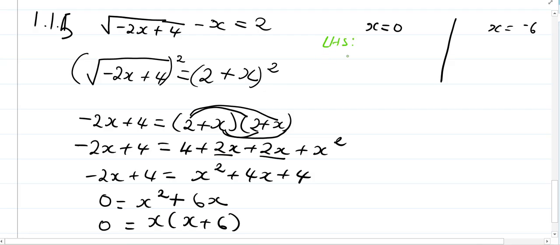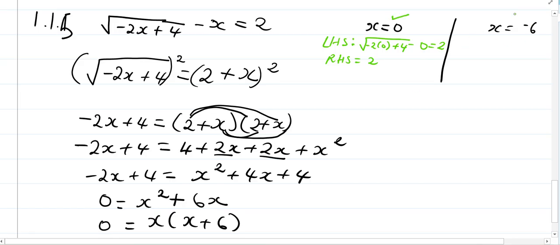When x is equal to 0, I take a look at what happens to the left hand side. So the left hand side, when I put in 0, is going to be the square root of minus 2 into 0 plus 4 minus 0. So this is equal to 2, and the right hand side, it was given that it is equivalent to 2. So this is the correct solution.